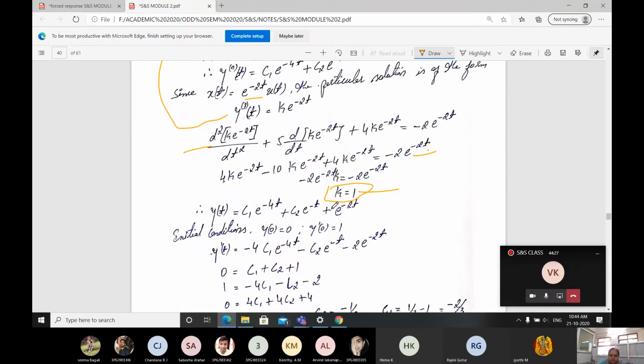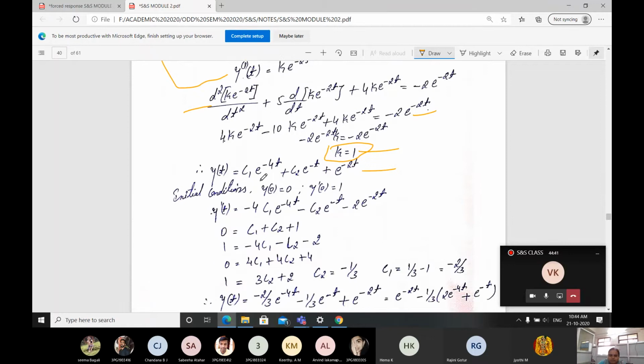Then substitute this. Therefore, y of t is going to be equal to c1 e raised to minus 4t plus c2 e raised to minus t plus e raised to minus 2t. Then the initial conditions are given: y of 0 is equal to 0, then y dash of 0 is equal to 1. First you differentiate this.